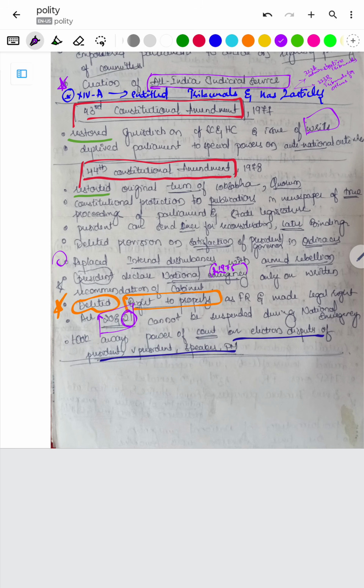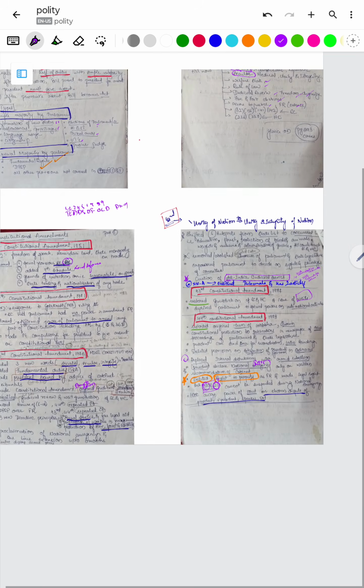It's against the detention, like self-incrimination, double jeopardy, those things. It's for the protection of detention of a citizen. Took away the power of court on election disputes and president.